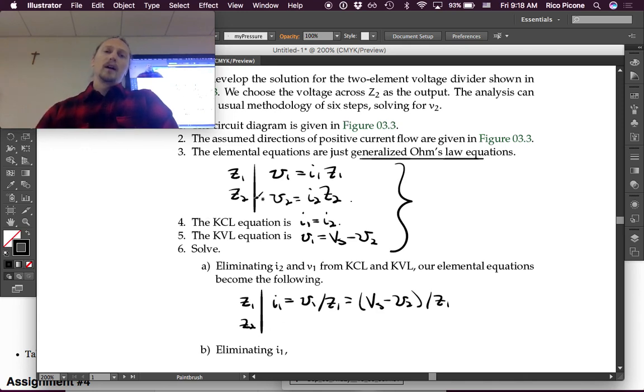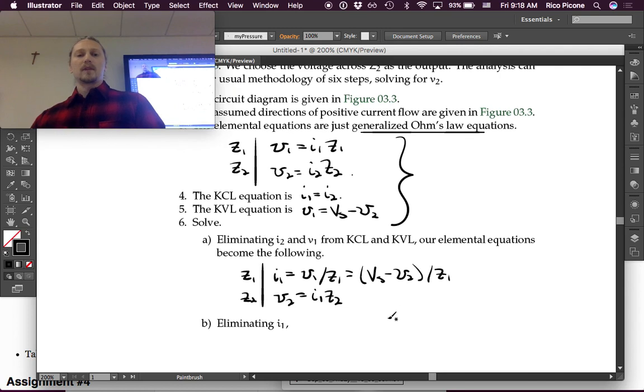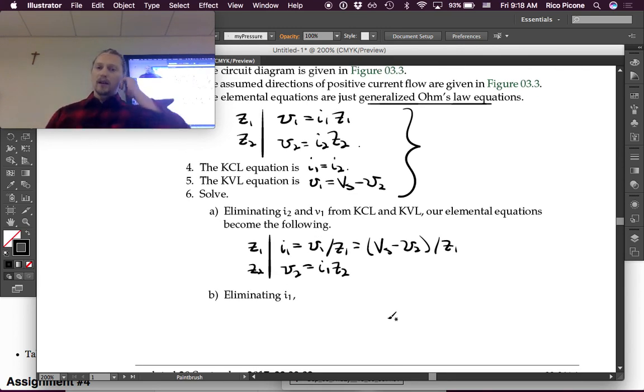For Z2, we're going to eliminate I2. So we can write the Z2 equation as V2 equals, instead of I2, we insert I1, Z2, and we've succeeded. Then all we want to do is eliminate I1. The first equation has I1 and the second equation has I1, so let's substitute the first equation into the second.